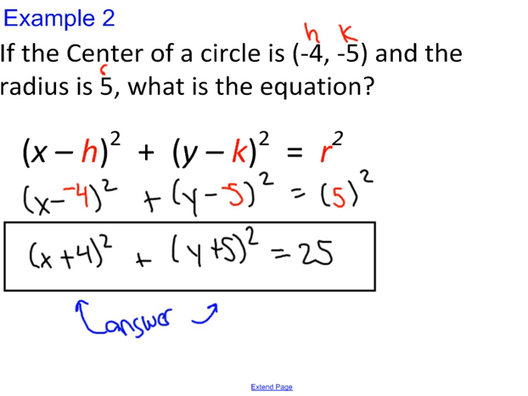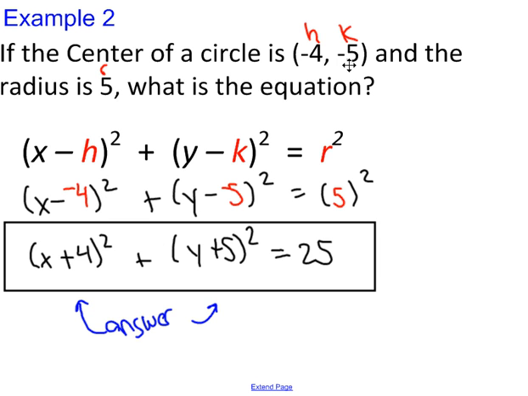Okay, let me point something out here. You might have noticed by now that what the standard equation of a circle is doing, because of these subtraction signs in front of h and k, is changing the signs of h and k.